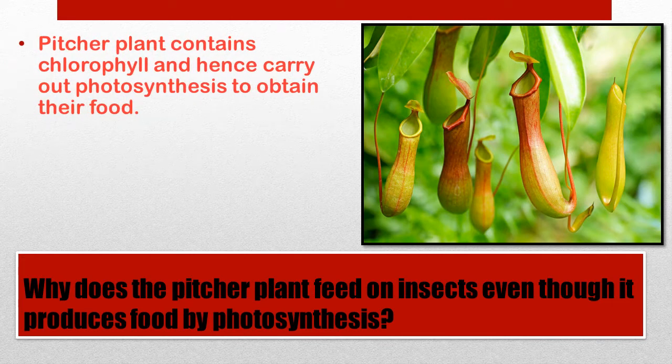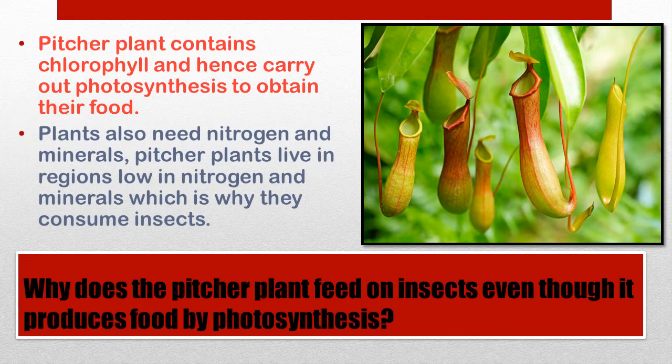The pitcher plant contains chlorophyll and hence carries out photosynthesis to obtain its food. But plants also need nitrogen and minerals. The pitcher plants live in regions low in nitrogen and minerals, which is why they consume insects.